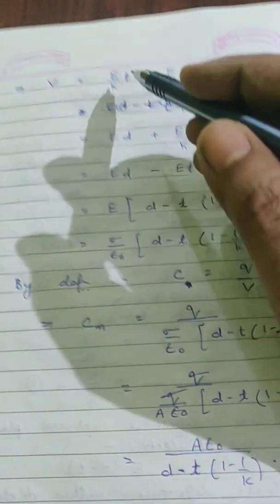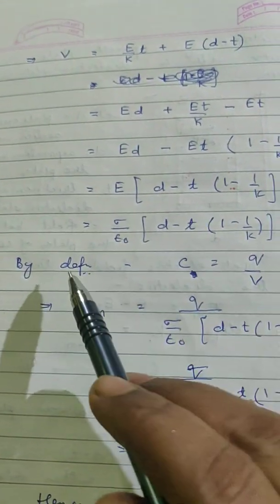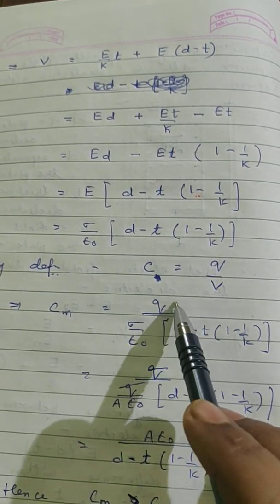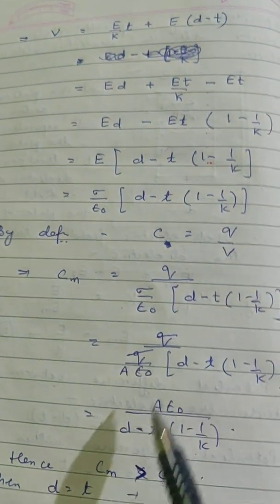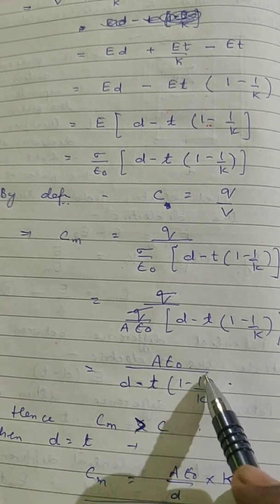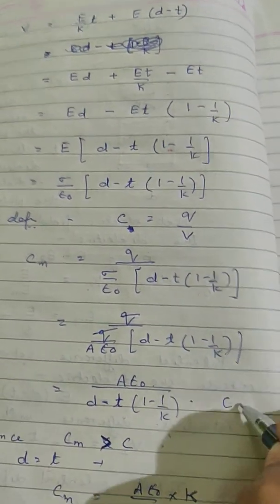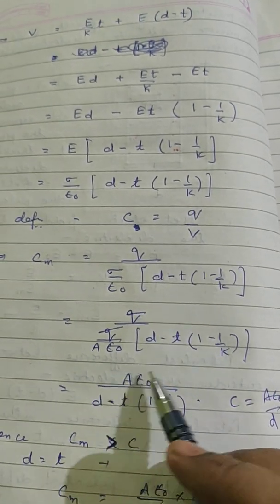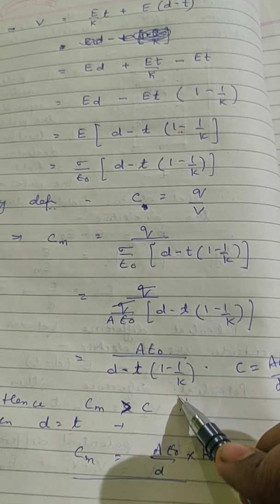And then I have substituted for Em as E by K into T, and then I have solved, and finally I have arrived at the expression Cm is equal to Q divided by V. I have substituted the value of V from here, and then we see that the expression is A epsilon naught by D minus T into 1 minus 1 by K. For air, for vacuum, the expression for C was equal to A epsilon naught by D, and here it is A epsilon naught by D minus this quantity, and capacitance is always positive, we know that.